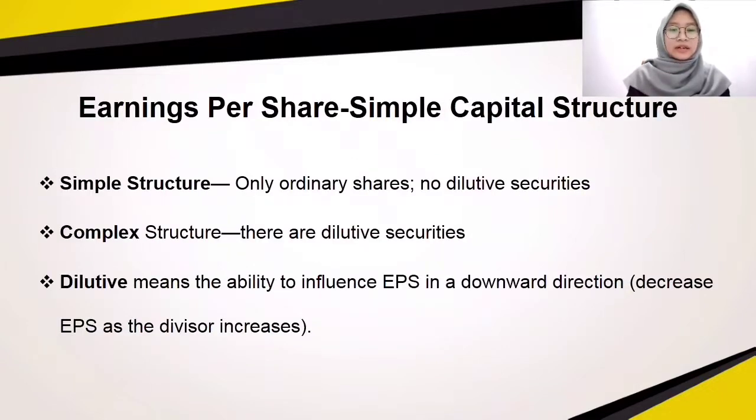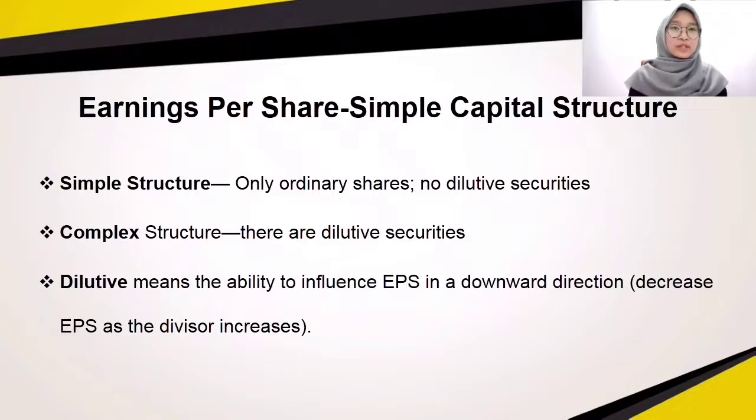And then earnings per share for a simple capital structure. In a simple structure, there are only ordinary shares, no dilutive securities and no potential ordinary shares upon conversion or exercise.